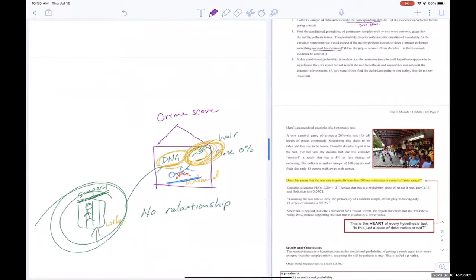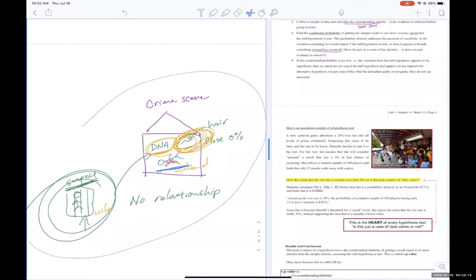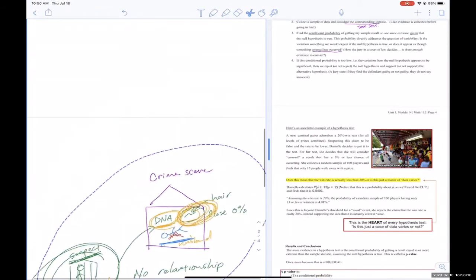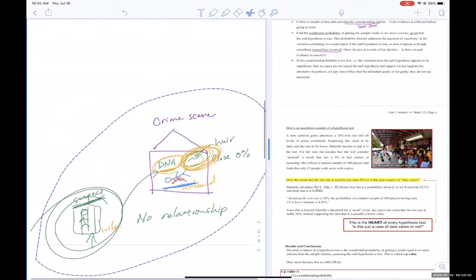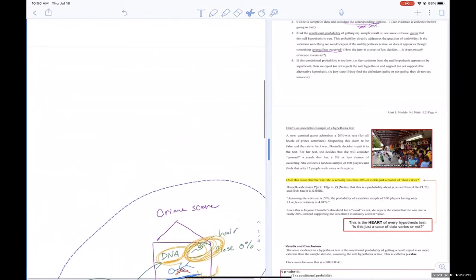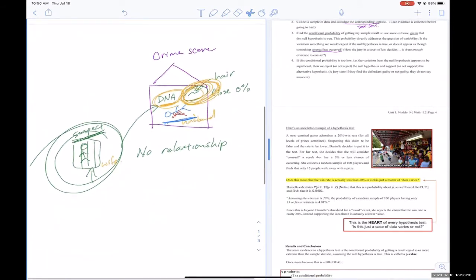Suppose, okay, I think, let's see. Who was there last night? Alexandra actually heard this before. So Alexandra Martin, right?